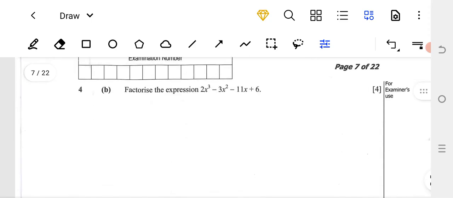This one says factorize the expression 2x cubed minus 3x squared minus 11x plus 6. This is carrying 4 marks.